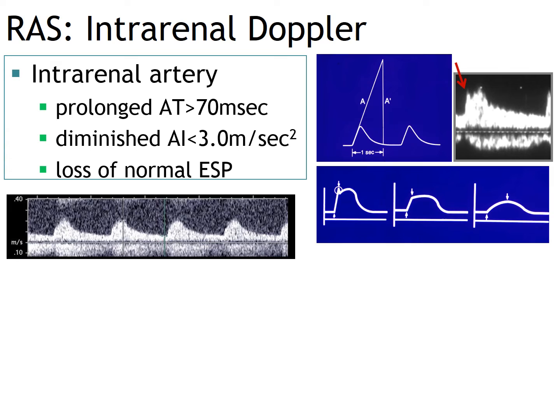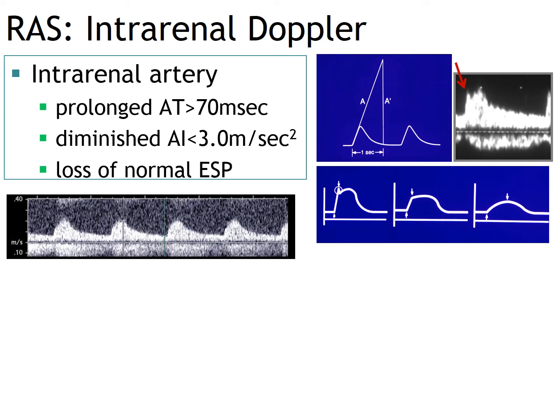Acceleration time is the time between the start of systole and peak systole, and acceleration index is the degree of systolic upslope. ESP, or early systolic compliance peak, is this small peak before the main systolic peak. This ESP is produced by compliance of the vascular wall and is usually prominent in young adults.